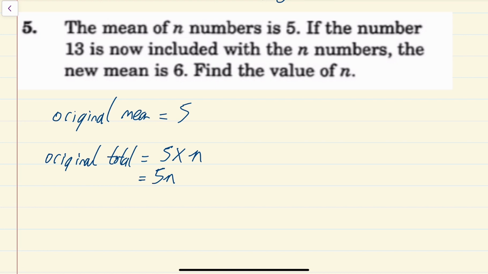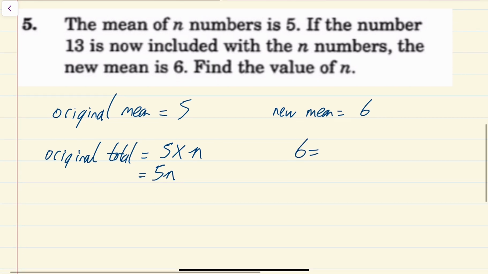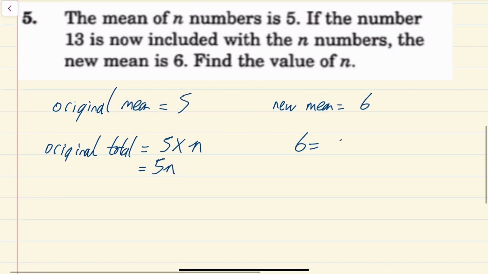Now the next one says the new mean is 6. So 6 is equal to the new total divided by, and there aren't n numbers anymore, there's n plus 1.